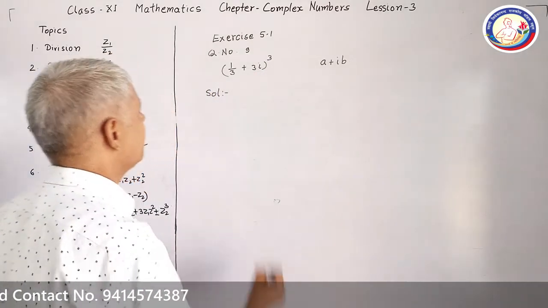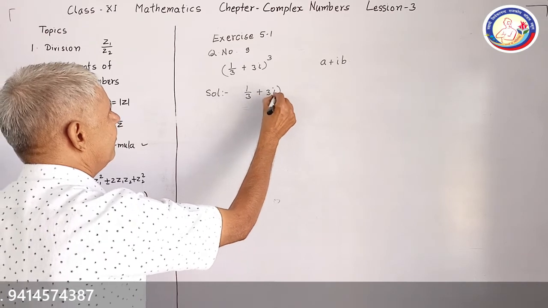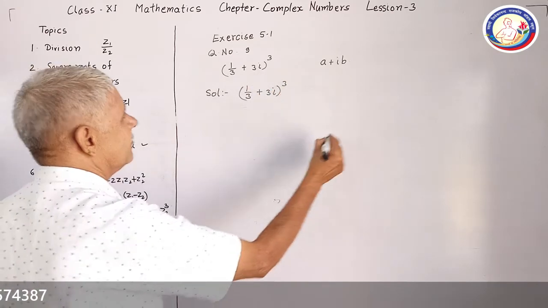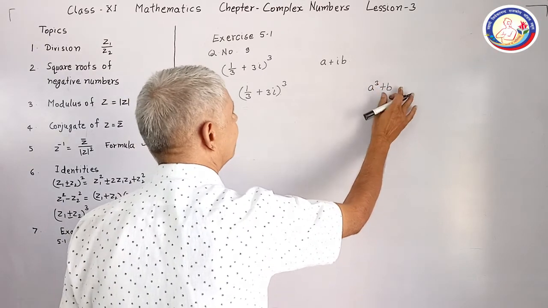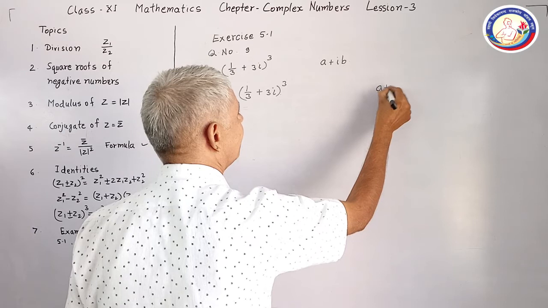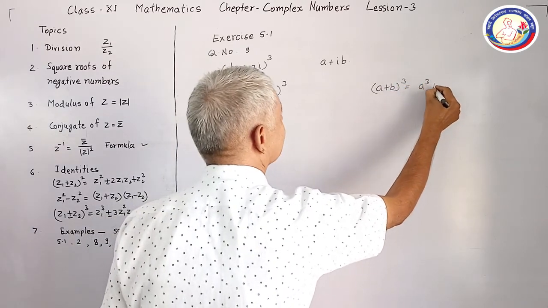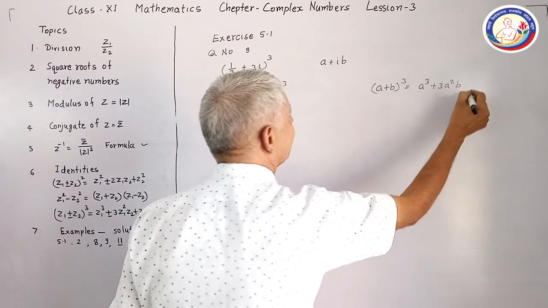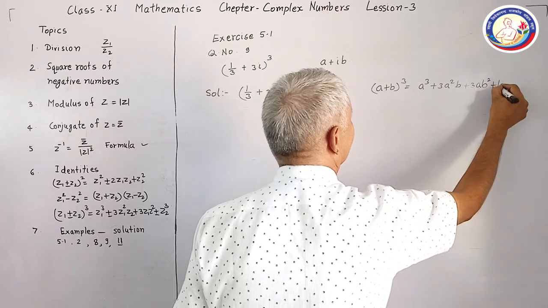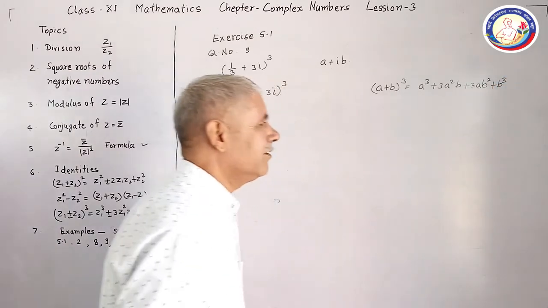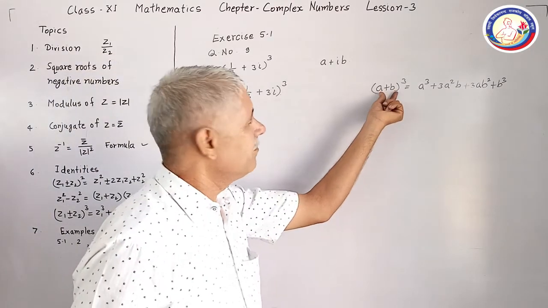Expand this, 1 upon 3 plus 3 iota whole cube. We use the A plus B whole cube formula. The formula A plus B whole cube is A cube plus 3A square B plus 3AB square plus B cube. And what is the way to remember this formula? Cube of sum of two numbers.